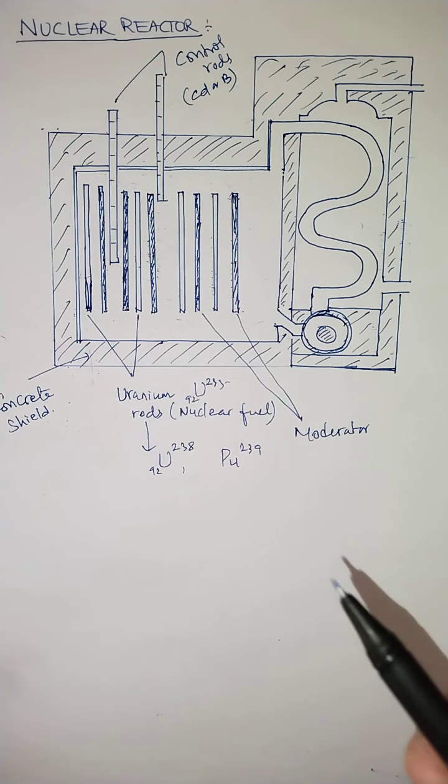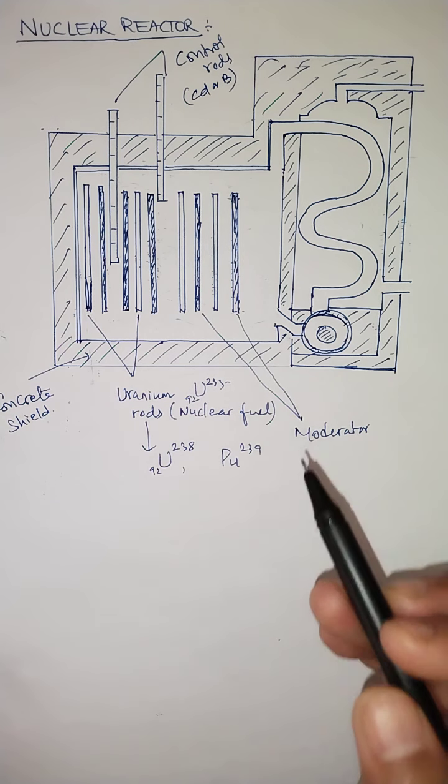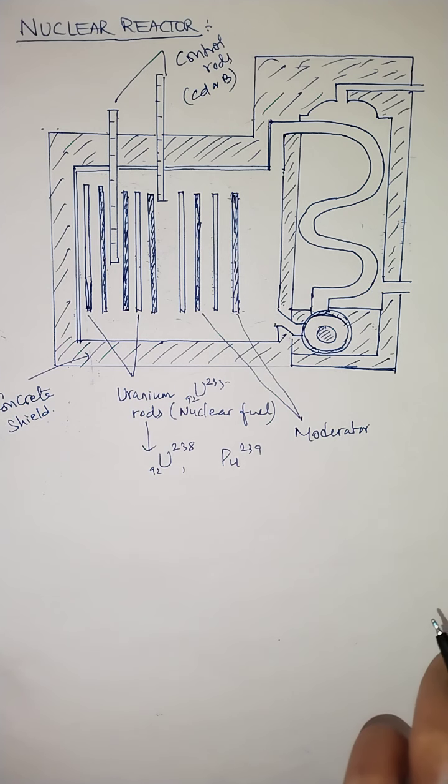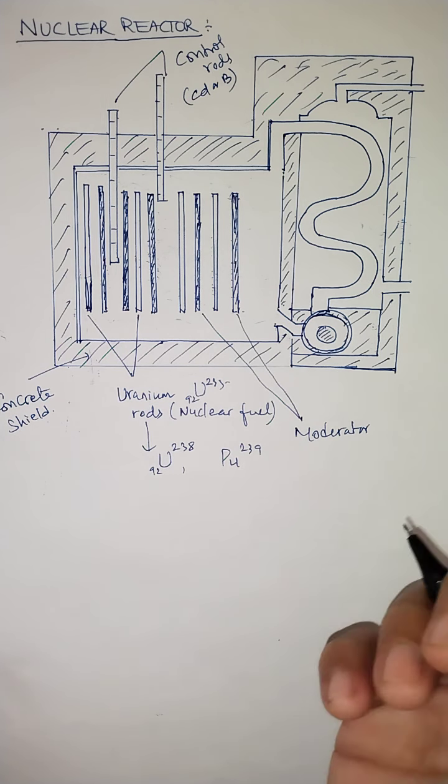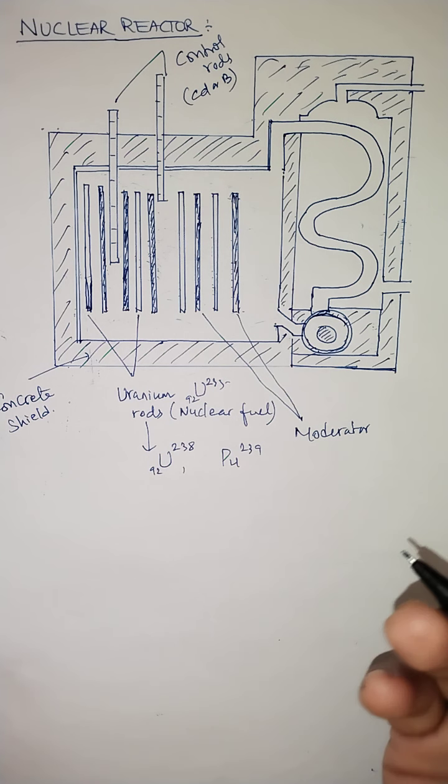The main part of this control rod is that it has the ability to capture slow neutrons, to keep the chain reaction from becoming violent.